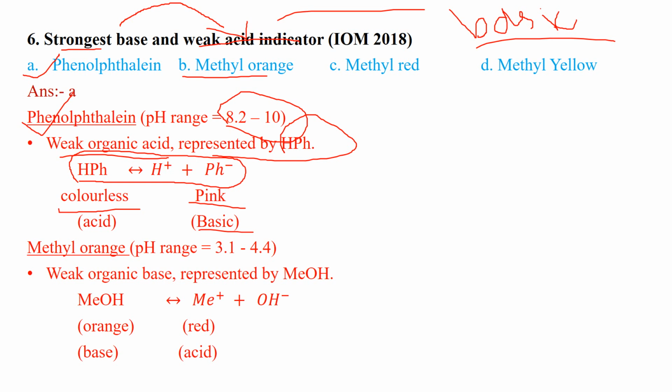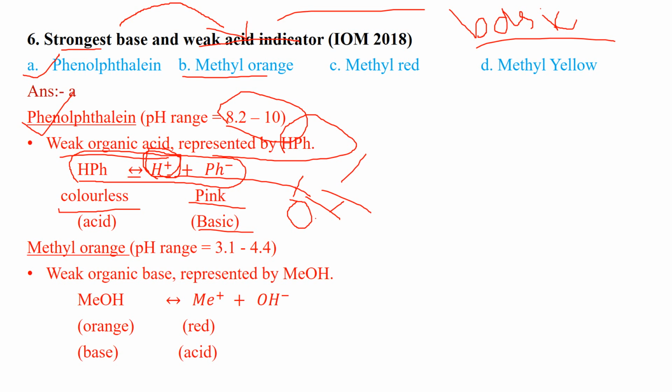Now let's start. How does phenolphthalein indicate the basic medium by changing colors? I am going to explain this. In basic medium, OH− is present. This H+ combines with OH− ion to give water, so the concentration of H+ ions on the right-hand side of this reversible reaction will go on decreasing.